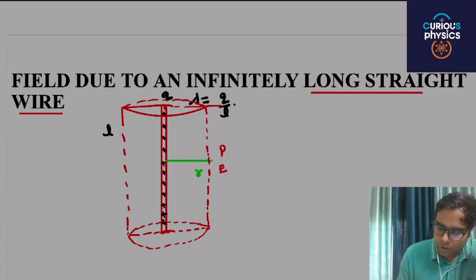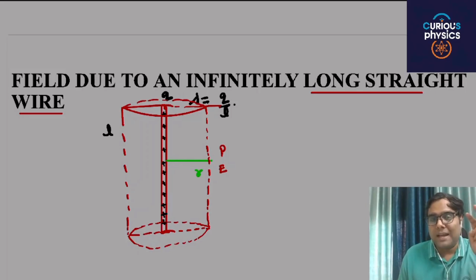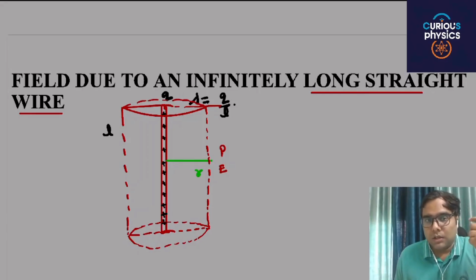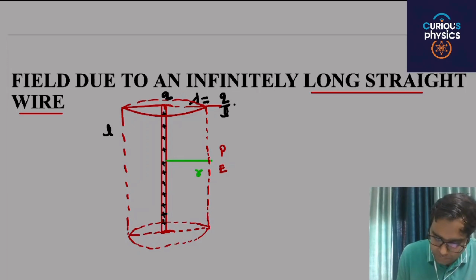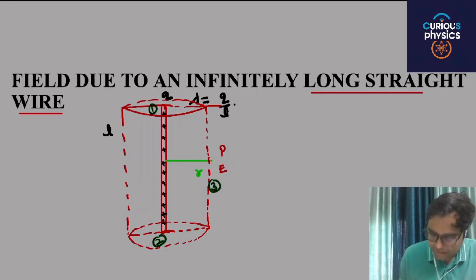Okay. So electric flux, tell me what is the electric flux? Here there are basically two flat surfaces and one curved surface. This is in the form of a cylinder. This is surface 1, surface 2, and let's say this is surface 3. So what will be the electric flux from surface 1?